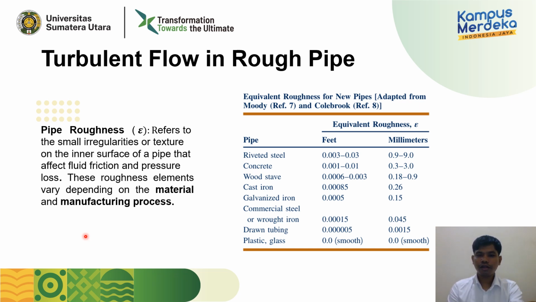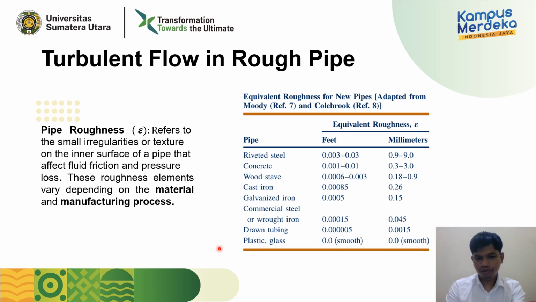If you need to know the roughness of a pipe, there are actually a lot of references from books that you can get, like what I show you here. For example, if the pipe that you use is concrete, the equivalent roughness will be 0.3 to 3.0 millimeters. Or if you use feet, it will be similar to this.